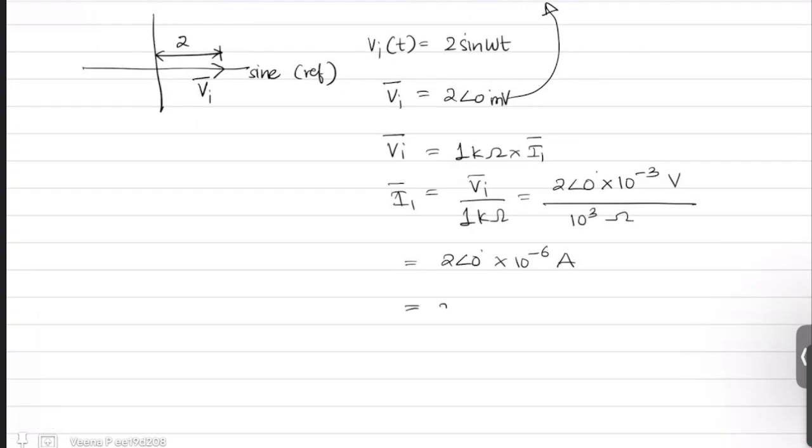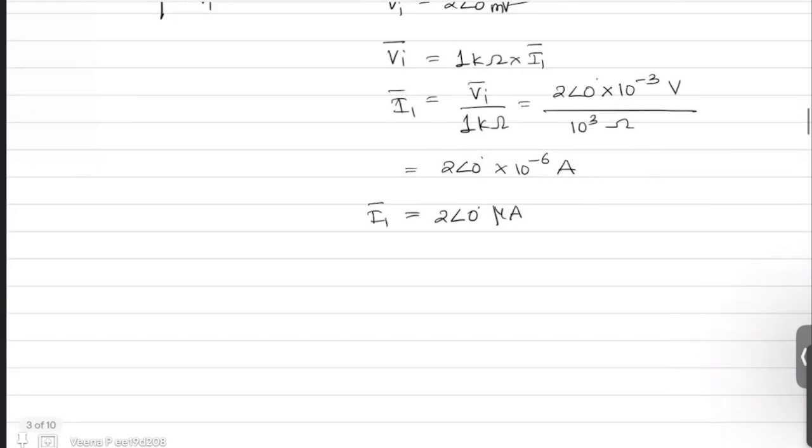Now 10 raised to minus 6 is micro. So the current I1 is 2 angle 0 microampere. I can write I1 in the time domain as 2 sine omega t microampere, since the angle is 0 and I1 also lies on the sine axis, the same axis as Vi.